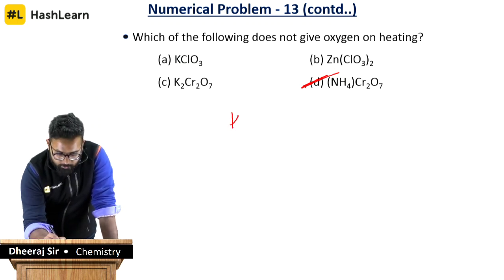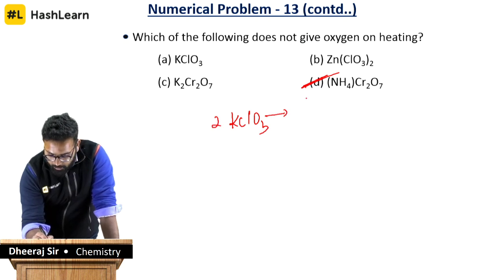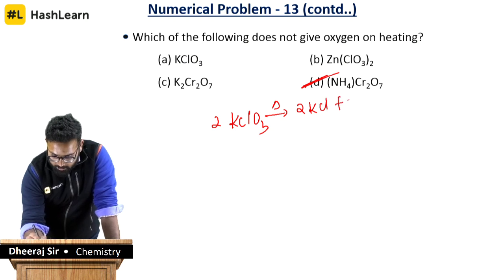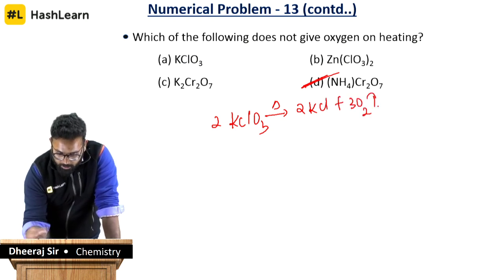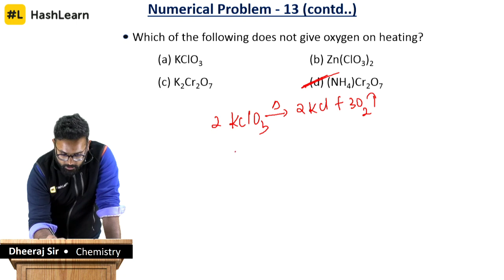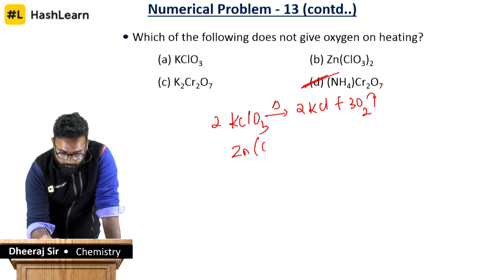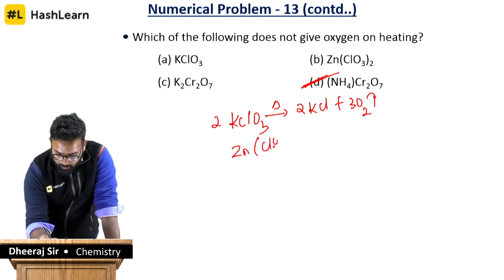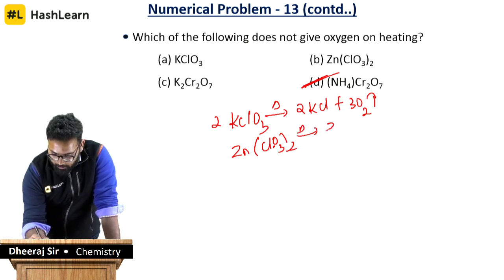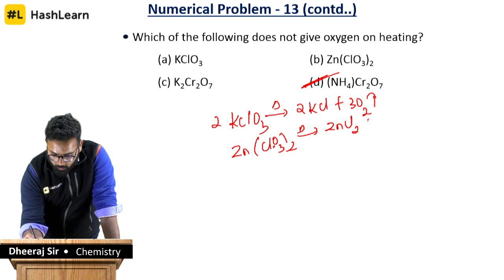So if you look at KClO3, 2 moles of KClO3 on heating will decompose to give you KCl plus 3 moles of oxygen, which will escape as gas. Zn(ClO3)2 on heating will break into ZnCl2 plus 3 moles of O2.